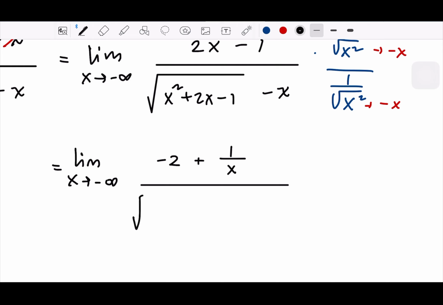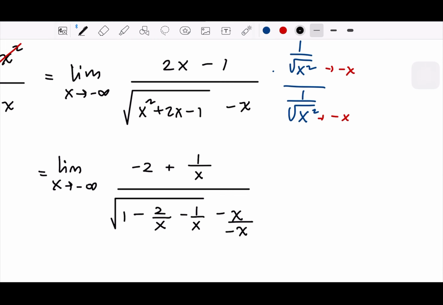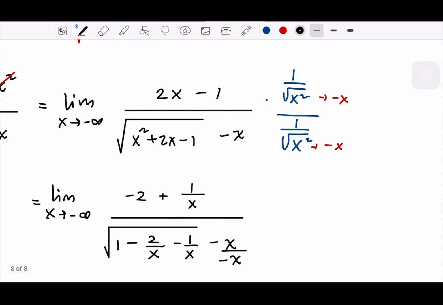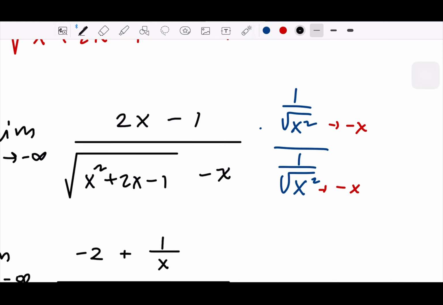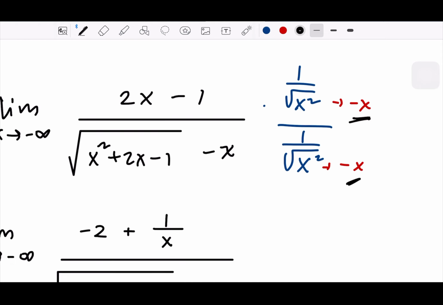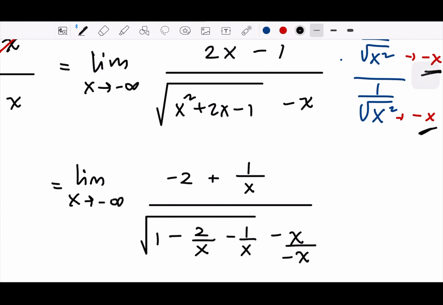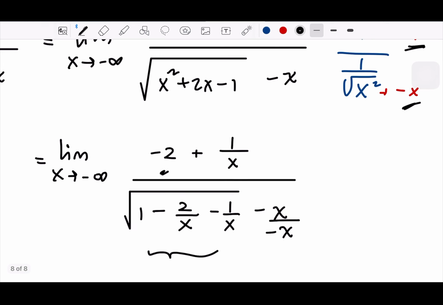And here we have 1 plus 2 over x, and this will become minus. Okay, so after we divide by 1 over the square root of x squared, which is negative x, we have negative 2 plus 1 over x on top, and the bottom becomes plus 1, okay, plus 1.